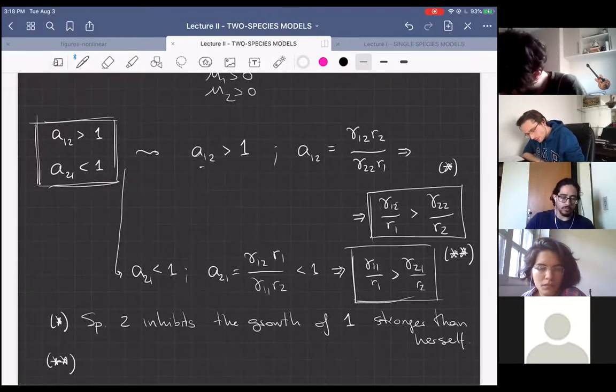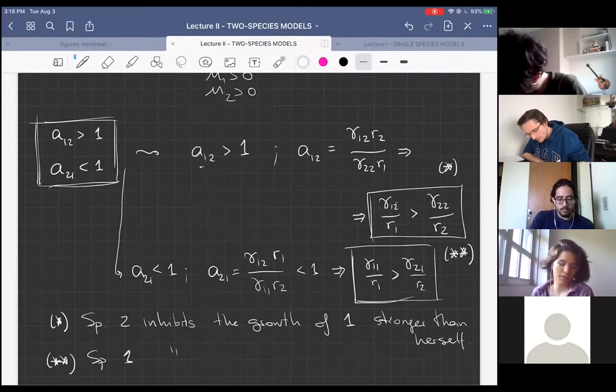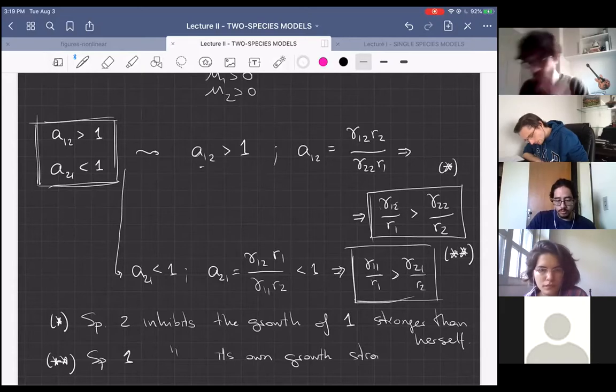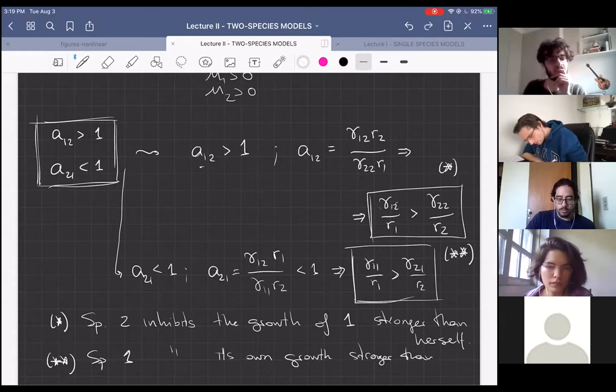And this 2 stars condition is telling us the opposite. It's telling us that species 1 inhibits its own growth stronger than the growth of 2.